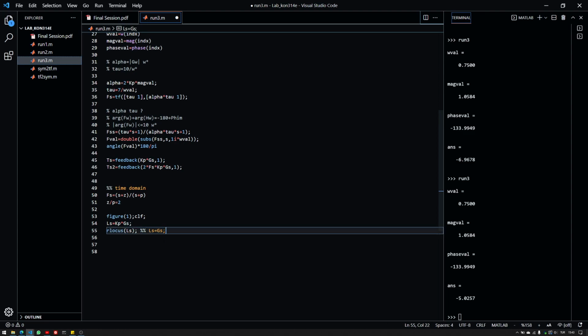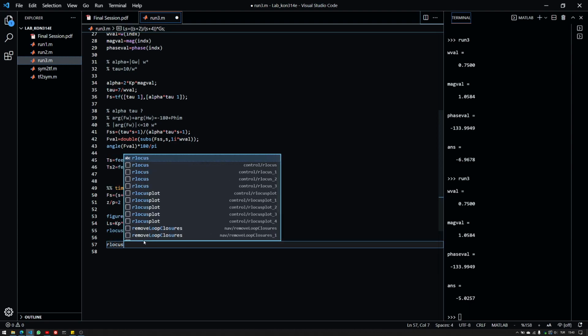If you design a controller and have some poles and zeros added to the plant, that becomes Ls, not Ts, which is the closed loop here. So let's add a zero here, let's add a pole here. This times this is still the loop transfer function, and you should look for the loop transfer function root locus.